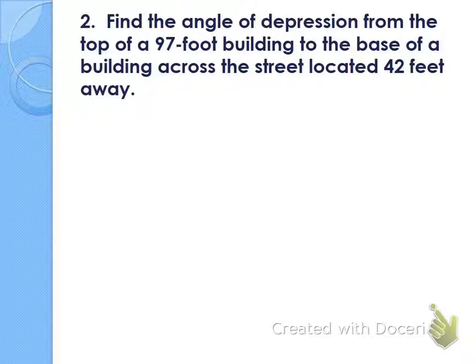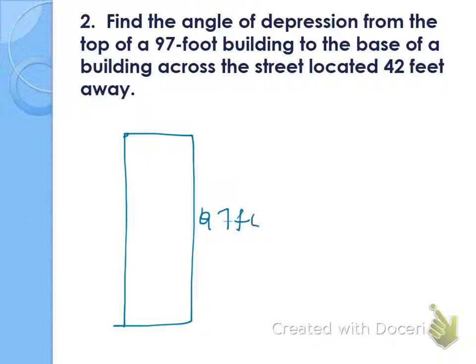Okay, so it says find the angle of depression from the top of a 97-foot building. So I got a 97-foot building here. And we want to find the angle of depression from the top. So it's as if someone is looking straight out and then has to look down at the base of another building.